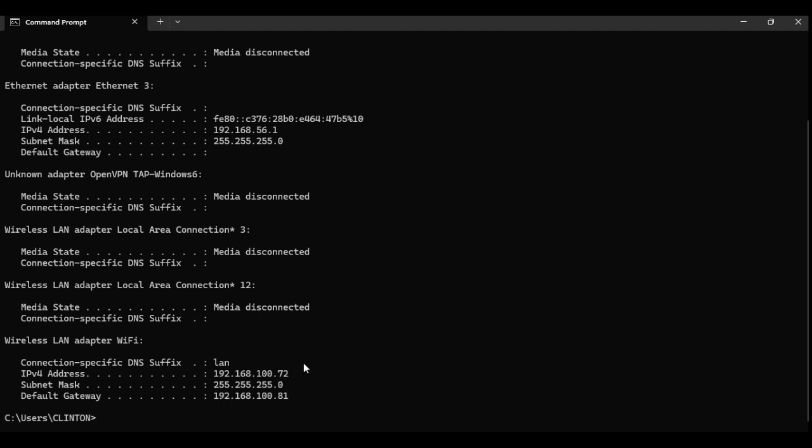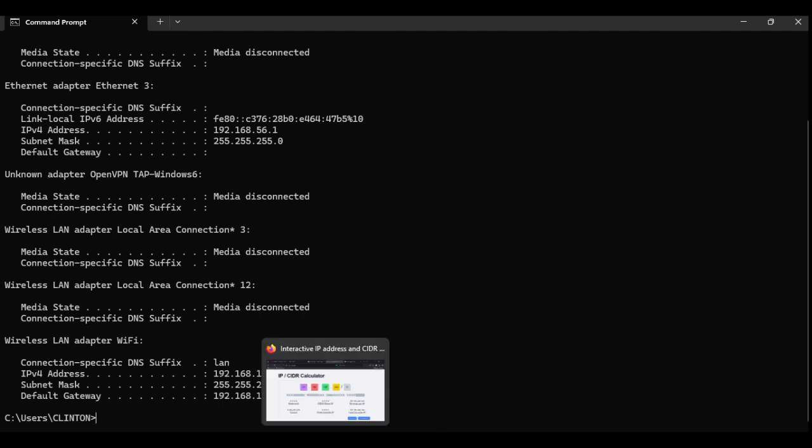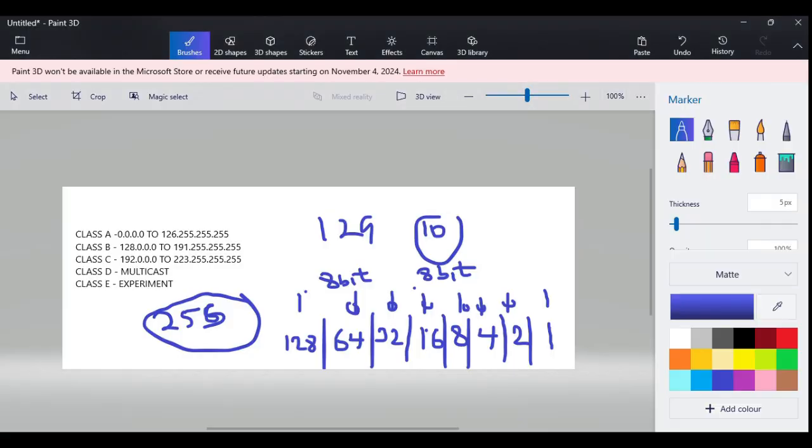Why 253? When we talked about how many hosts we can have in an environment, for example, if the first three octets are complete, all ones, and the last octet, which is my host portion, has 8 bits that are 0.